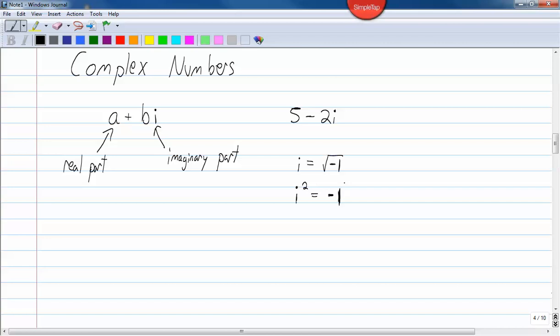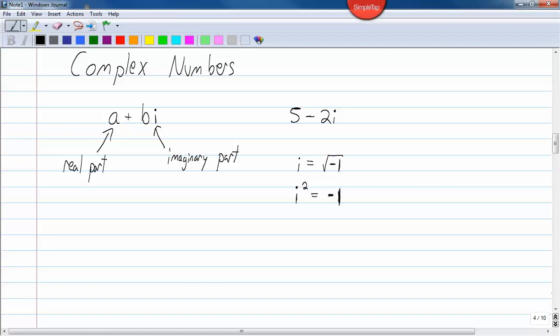For what we're going to do with complex numbers, all we have to remember is that i is the square root of -1, and i squared is equal to -1. That's how the imaginary unit i is defined.